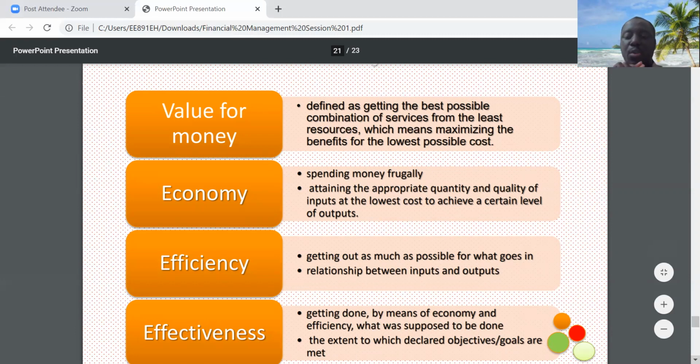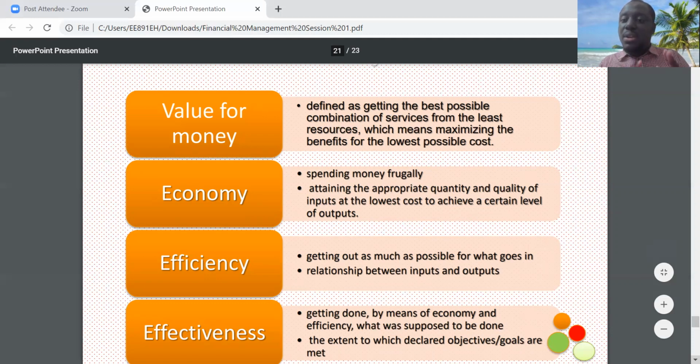When we talk about economy, we are looking at inputs, that is low cost. When we talk about efficiency, we are looking at the relationship between inputs and outputs. When we talk about effectiveness, we are talking about outputs. That's an easy way to remember it.